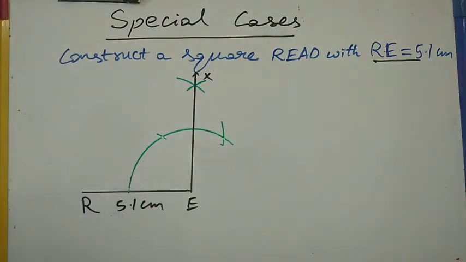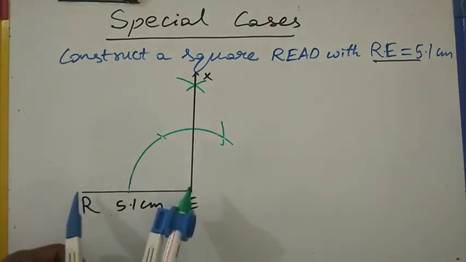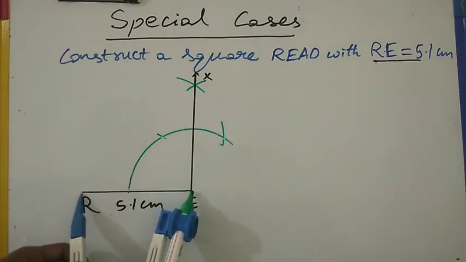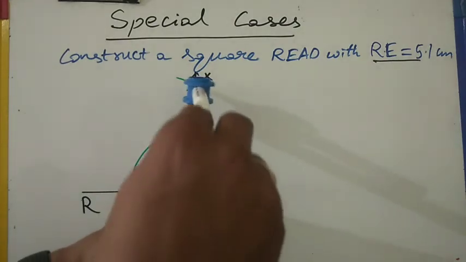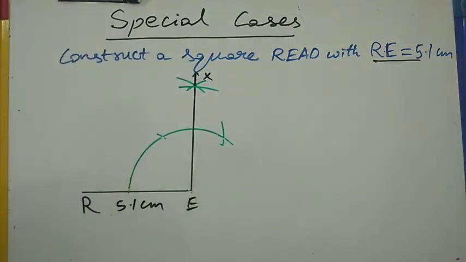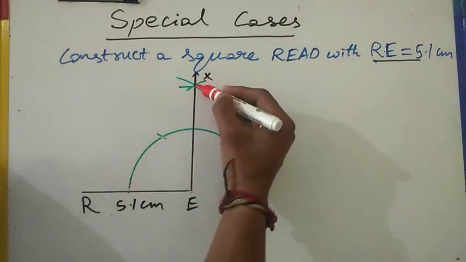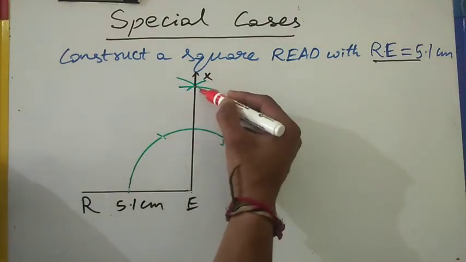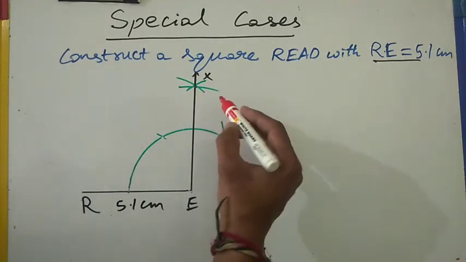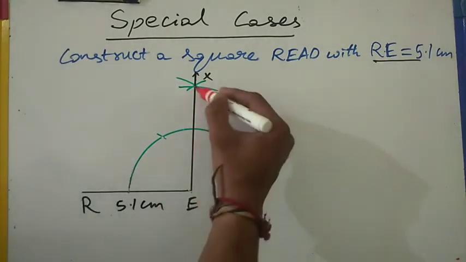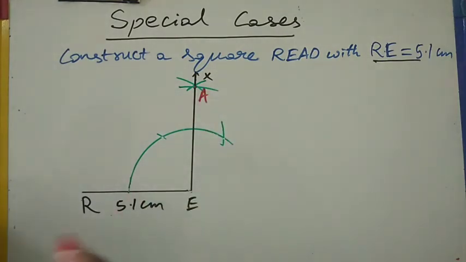Let us see, RE ray it is. Now, with the same measure RE measure, here I got this is the point A, and you can measure how much it is.